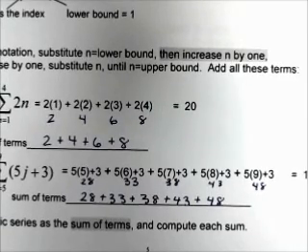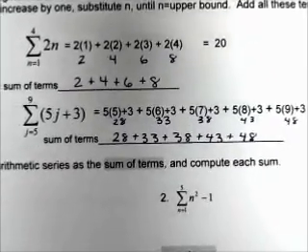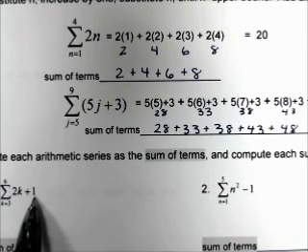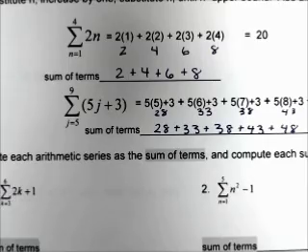We want to write each arithmetic series as a sum of terms and compute each sum. So for number 1, we have the sum of 2k plus 1, k starting with 3 and going to 6.